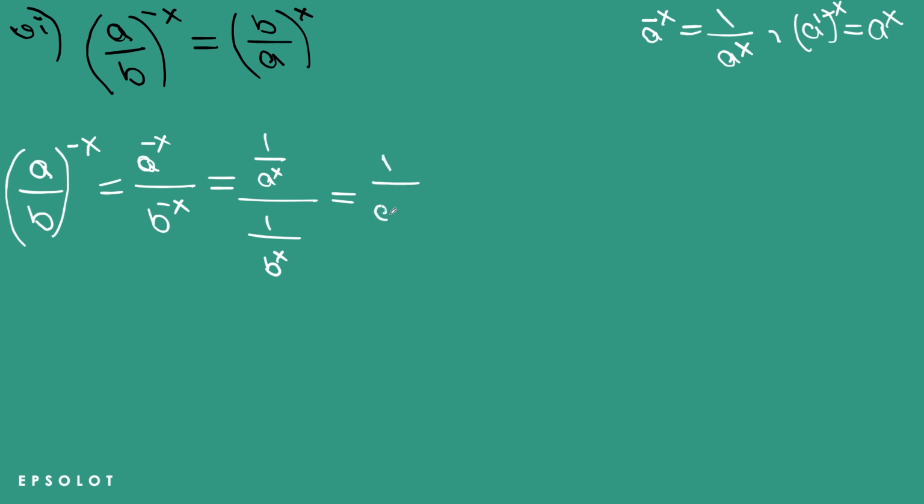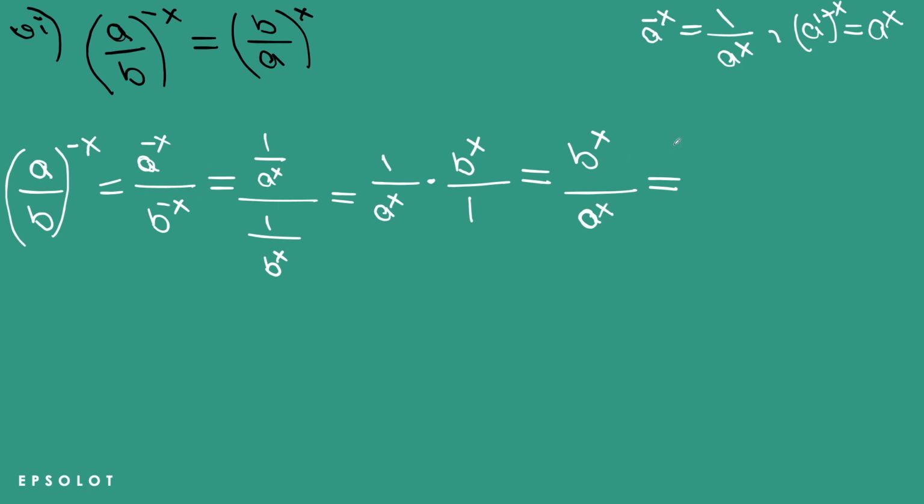So a to the power of x times b to the power of x divided by 1. Because it was 1 over b to the power of x, right? So the reciprocal of that is b to the power of x divided by 1. It is a simple multiplication. So b to the power of x divided by a to the power of x. Now, do you see any relation between this fraction and this fraction? And I bet you did realize that they're both being raised to the same power, just like they were in this case.